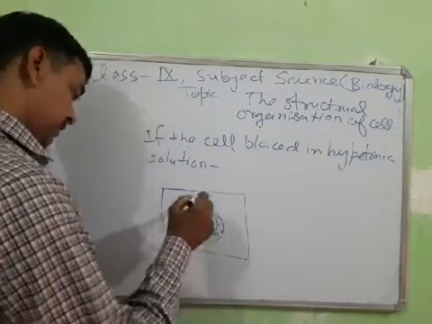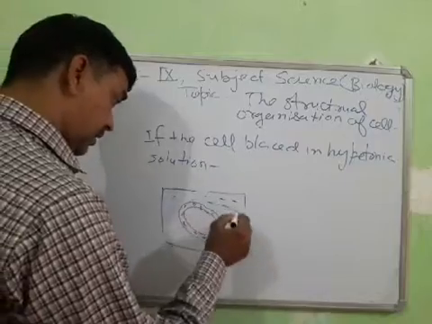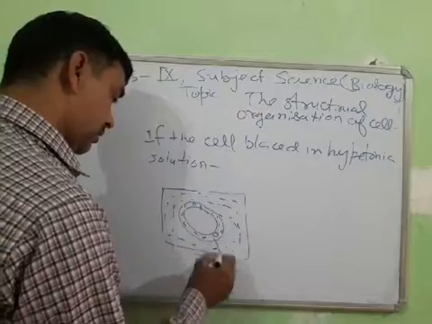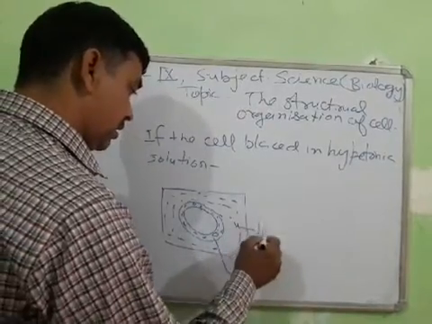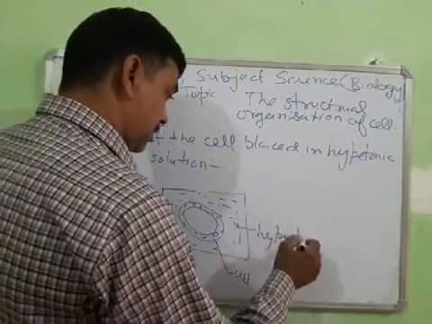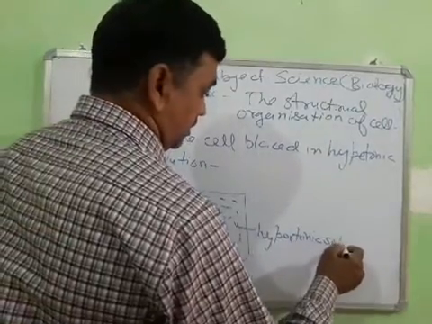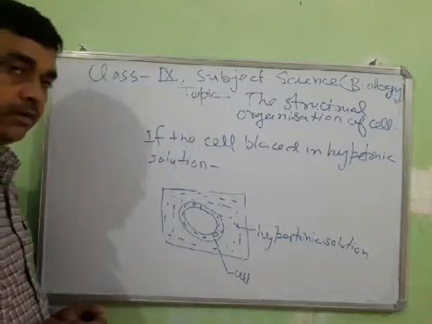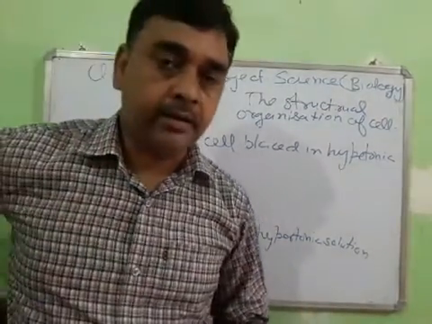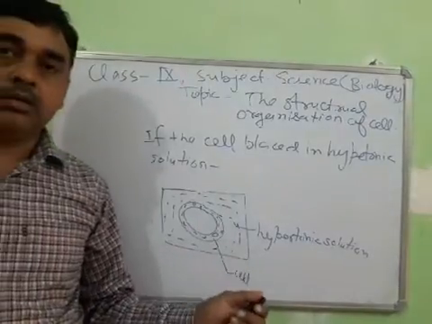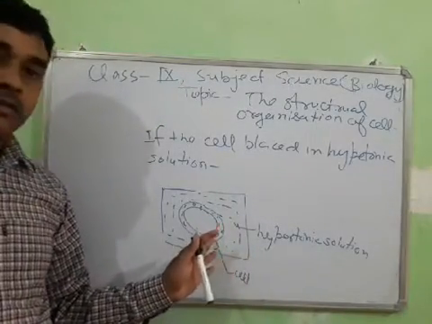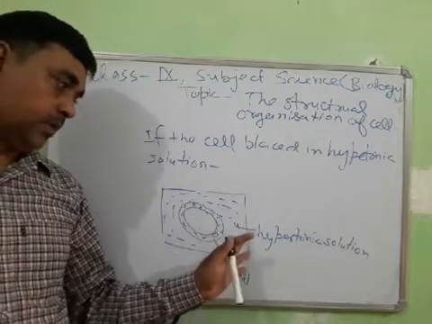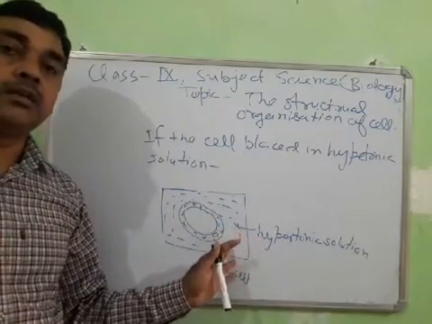Suppose this is the cell. This is the hypertonic solution. Hypertonic solution means sugar or salt is added in water, so the solute is higher in comparison to the external.